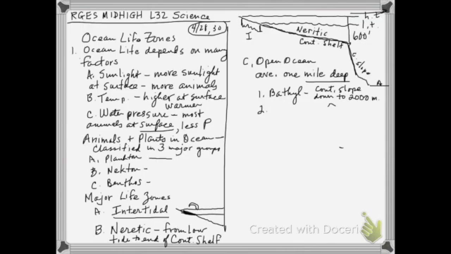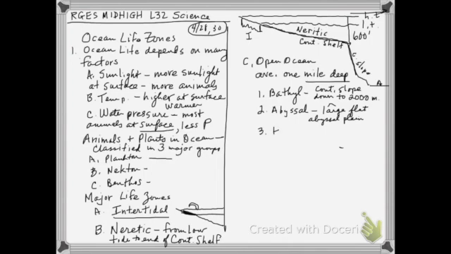So this is called the abyssal zone. And the abyssal zone in the open ocean is really the large, flat abyssal plain. Okay, and so this is very, very deep water, lots of pressure, lots of darkness there.